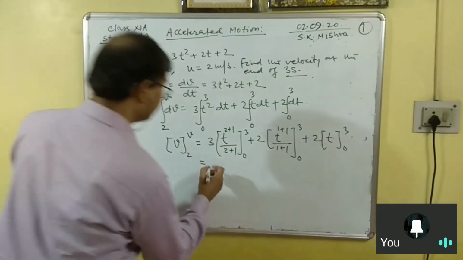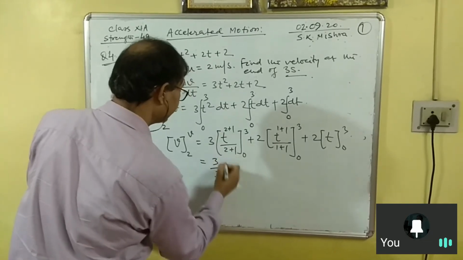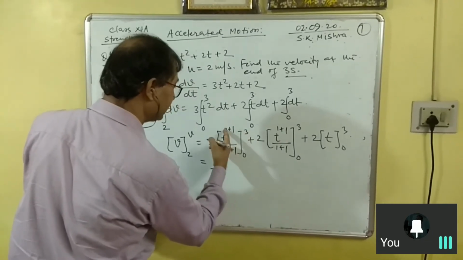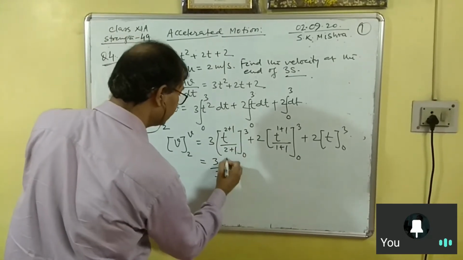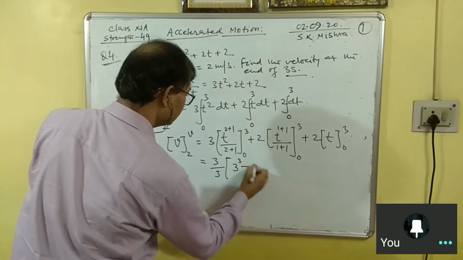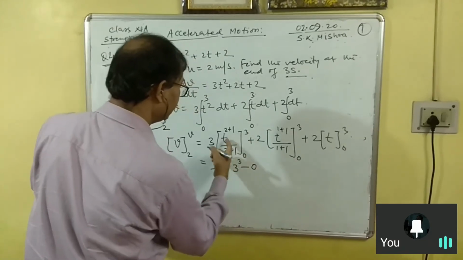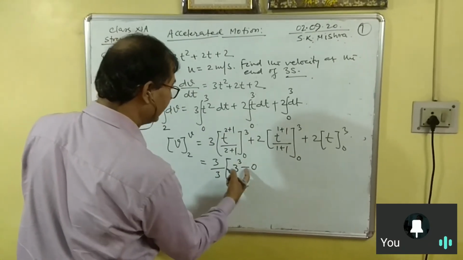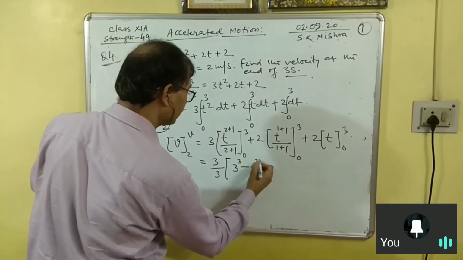So then 3 divided by this 3, and then upper part is t raised to 3. We are putting the limit: if you put t is equal to 3, this is 3 raised to 3 minus, t is 0, so 0 raised to 3 is 0 only.